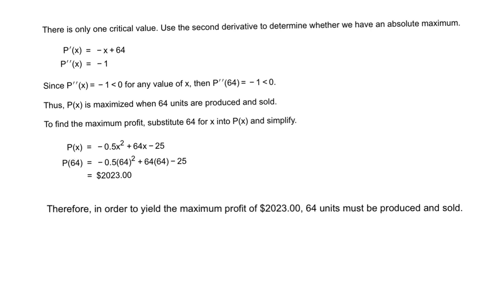So substitute that value 64 into the profit function. The profit function we already found in the beginning of the problem. So replace this x with 64 to find the corresponding profit. So now we can conclude the answer. In order to yield the maximum profit of $2,023, 64 units must be produced and sold.